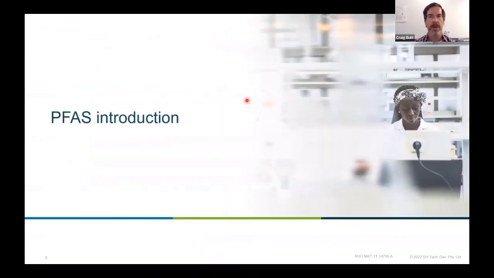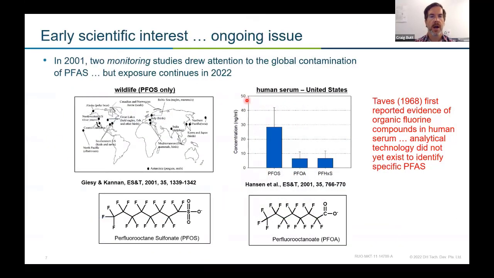All right, so looking at a little bit of PFAS introduction, I always like to start with this slide because it takes us back to the fact that PFAS were manufactured really since the 1950s, but our awareness of the problem didn't start till just over 20 years ago. And really these two groundbreaking studies, from Giesy and then Hansen et al., showed that PFAS could be measured both in wildlife and in human serum.